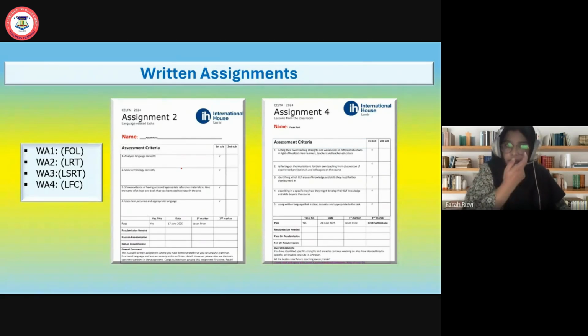I have shared with you two assignment criteria, and how you receive feedback from your teacher. Some of the assignments are marked by one tutor, and some of the assignments are marked by both tutors.